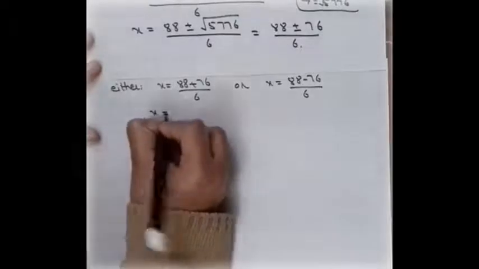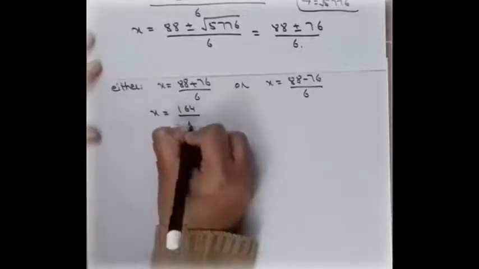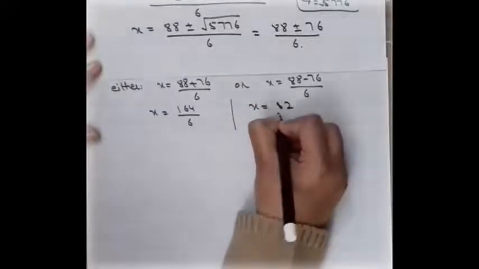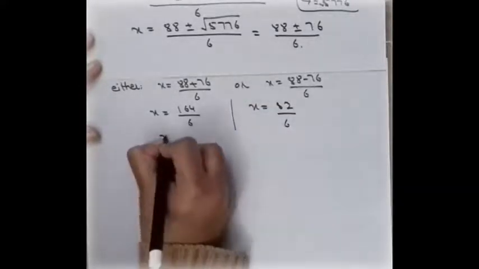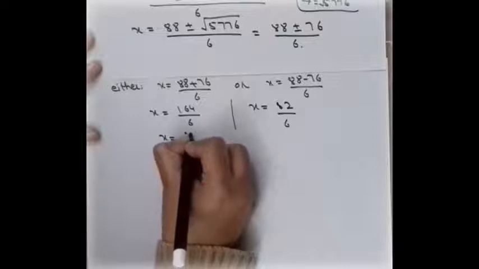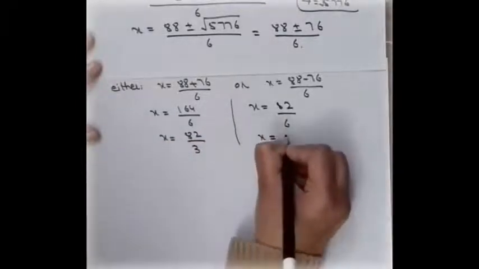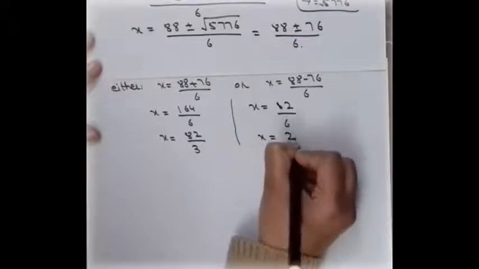Solving, x equals 164 over 6, which is 82 over 3, and in this case we have 12 over 6, so x equals 2.